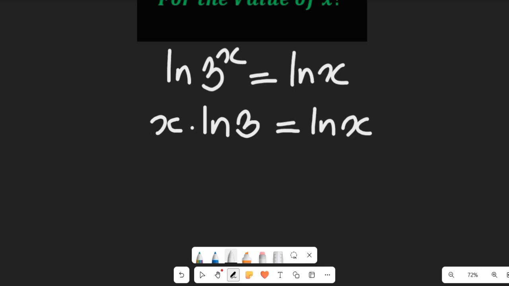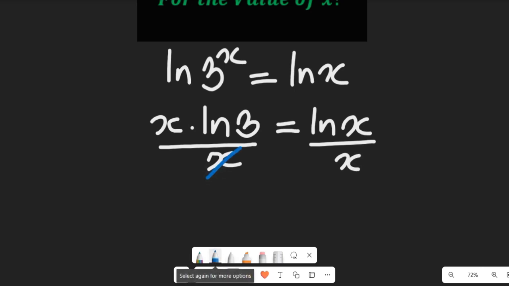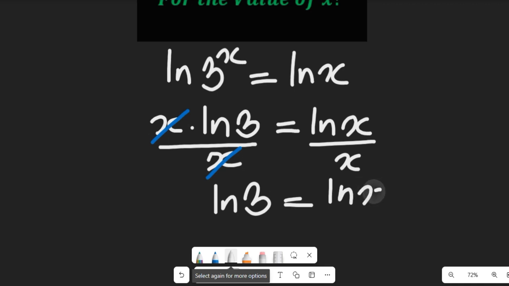Now what do I do from here? From here, I'll have to divide both sides by x. If I divide both sides by x, you come to see that over here, x will cancel out x, and then I'll have the ln of 3 equal to the ln of x divided by x.